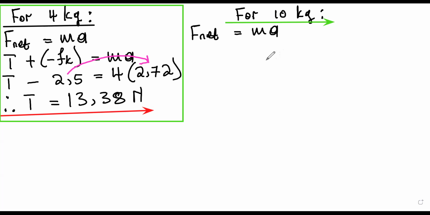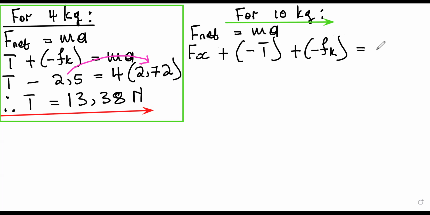And this is the horizontal component of the applied force, which we know is F in the X, right? So we have F in the X, which is added to the negative of the tension force, to the negative of the kinetic frictional force, and you say this is equal to MA.